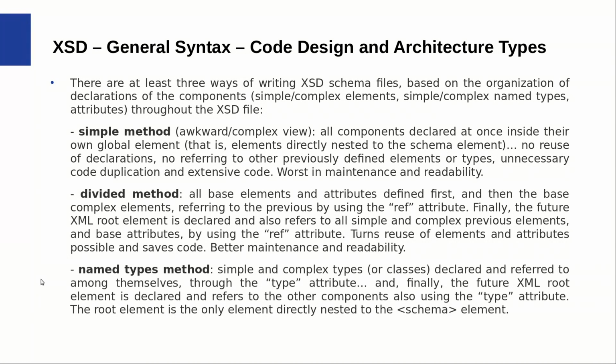So, as with the simple method, in the named types method, generally the root element is the only element directly nested in the schema element, or in other words, the only globally declared element. All other elements are declared inside the complex types, not globally.